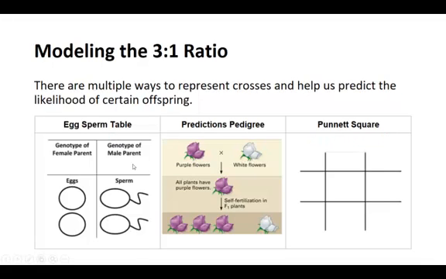So first of all, in your egg-sperm table, you have to figure out the genotype of the female parent. We're going to pretend that this purple one is our female parent, and instead of using the squares, we're going to use some letters. We're going to use a big A to represent this female parent right here, and this little a to represent this male parent here.